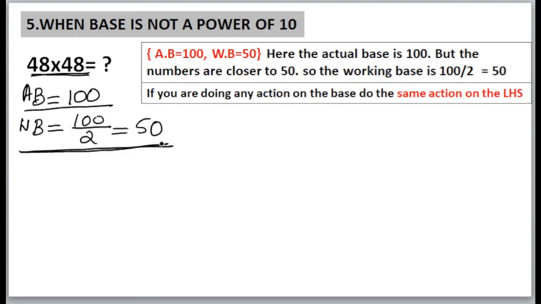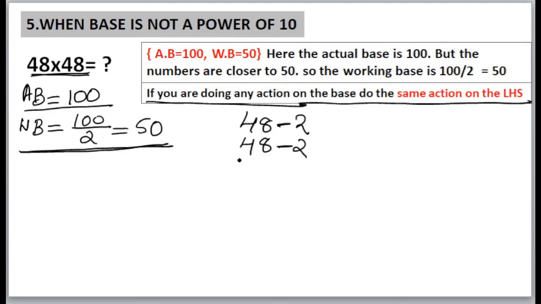So if you are doing any action on the base, you have to do the same action on the LHS of the answer. So here 48 and 48 are your numbers, but we are taking the working base. 48 is 2 less than 50 and 48 is 2 less than 50.